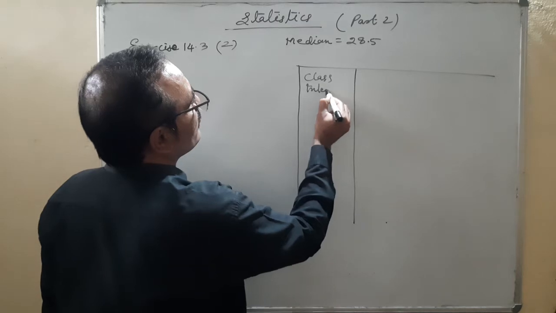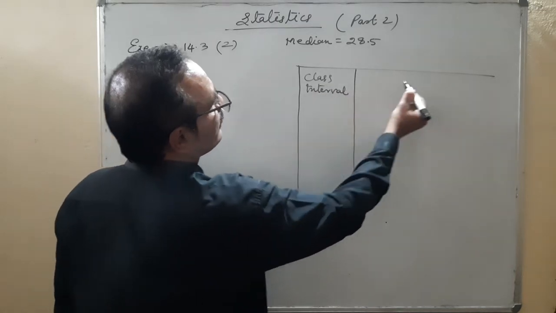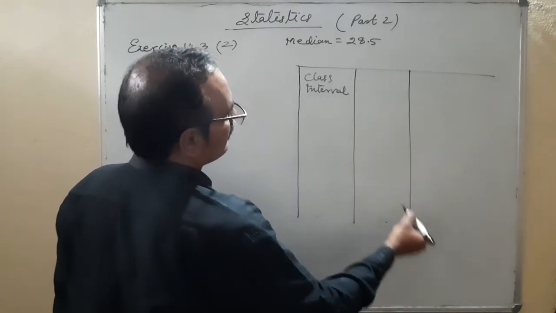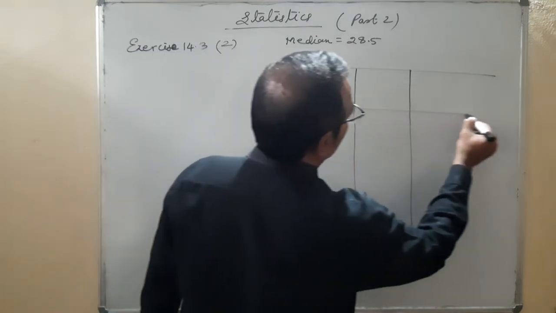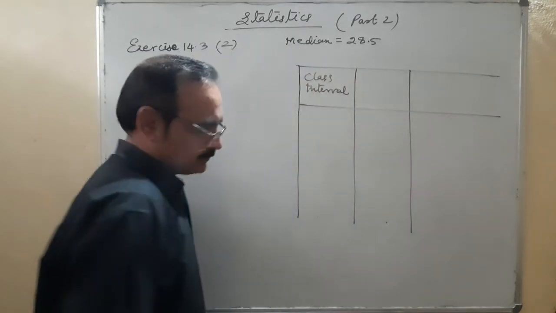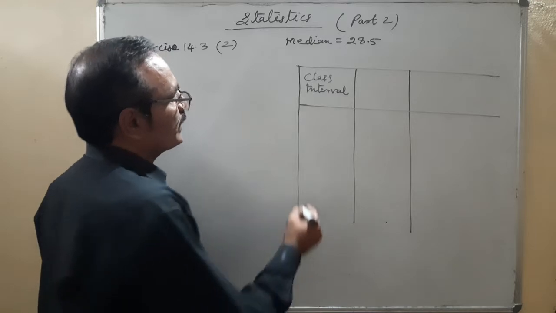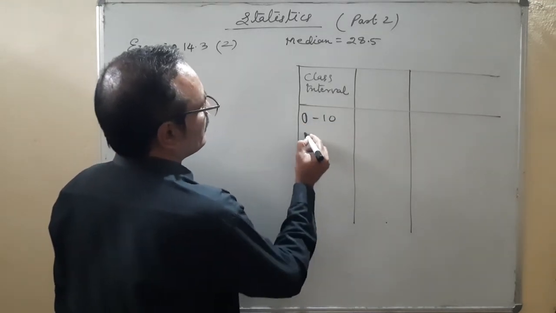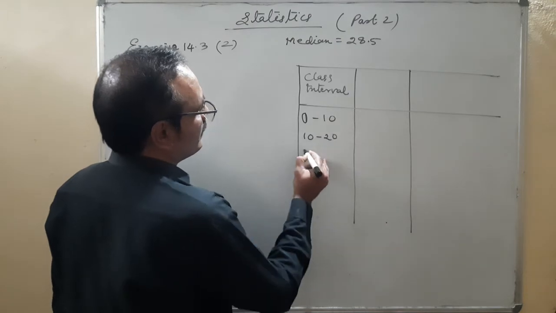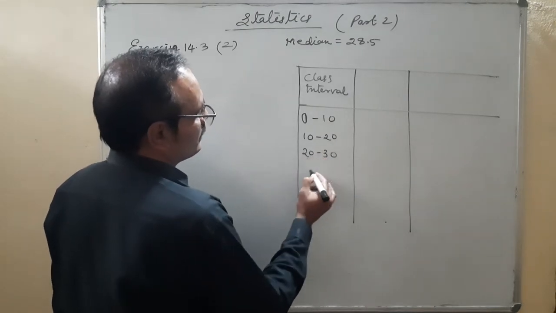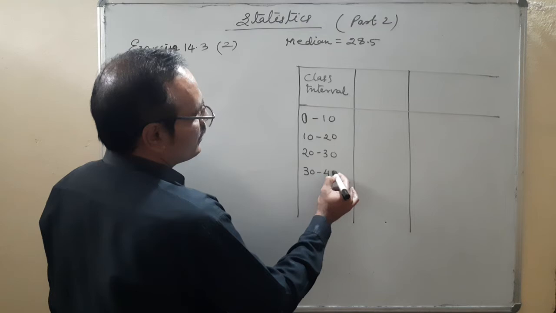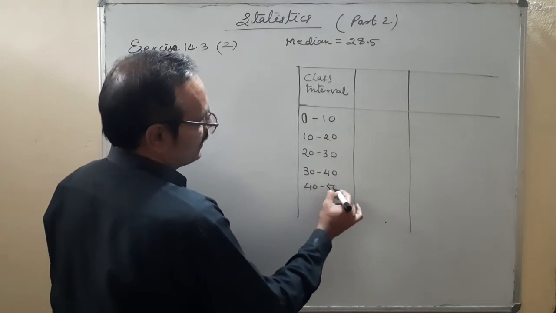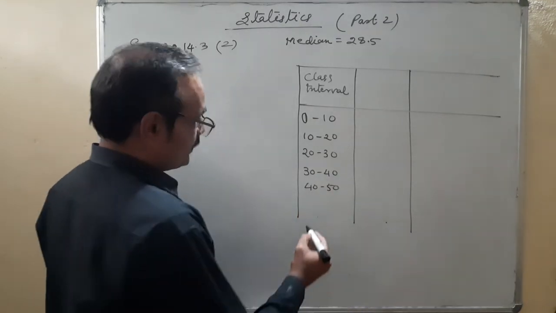Class interval 0 to 10, 10 to 20, 20 to 30, 40 to 50, and 50 to 60.